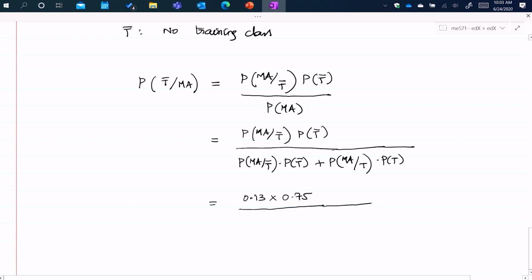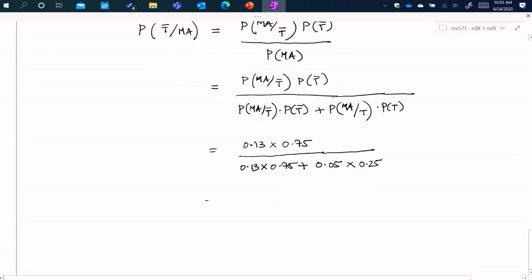The denominator would similarly be 0.13 times 0.75 plus, and we know only 5% of those who take the training class make mistakes, so this is 0.05 times, and the population that takes the training class in group A is 25%, so 0.25. When you go through these numbers, this turns out to be approximately 0.89.